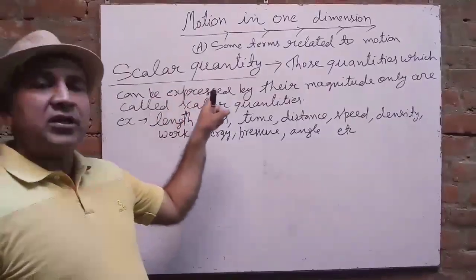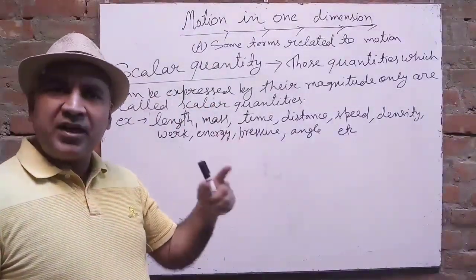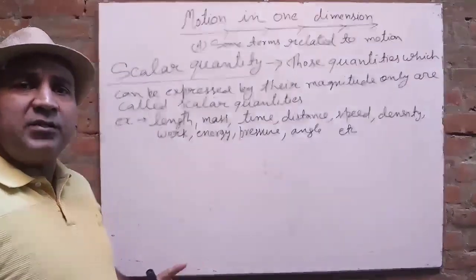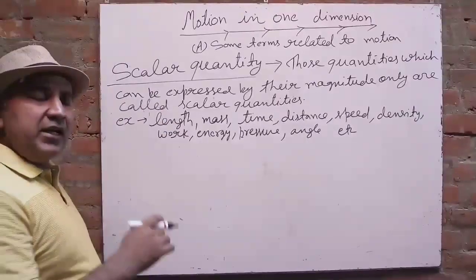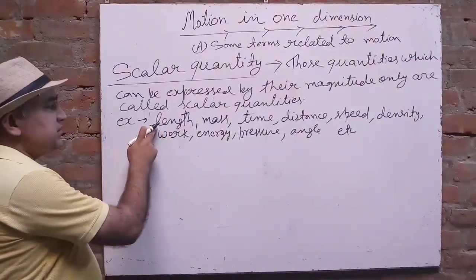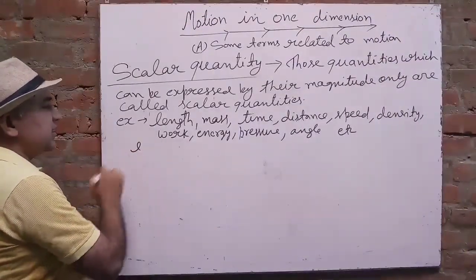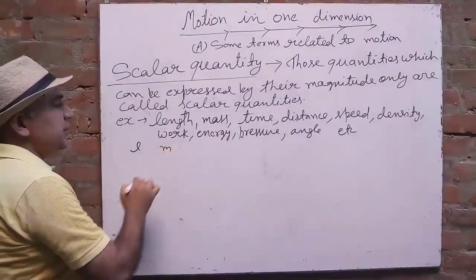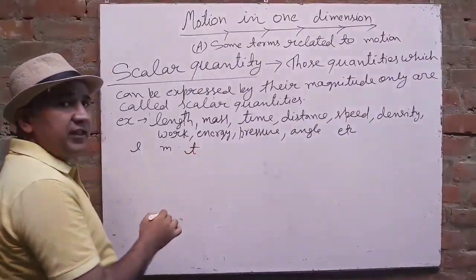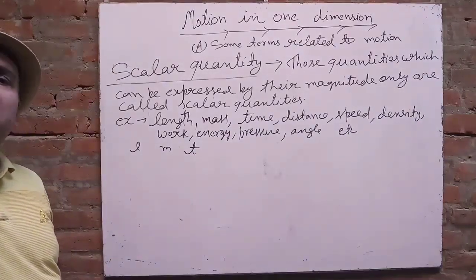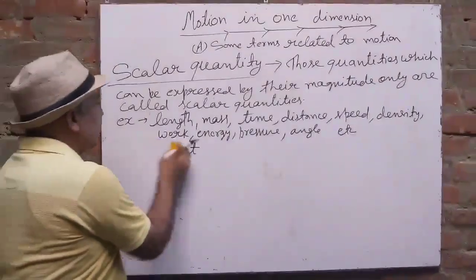And all these are represented by English letters, like length is represented by L, mass by small m or capital M, time by capital T.